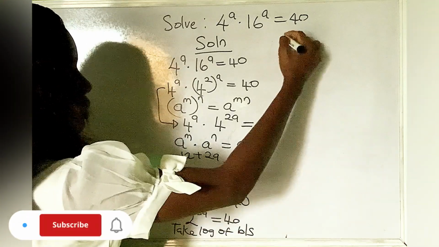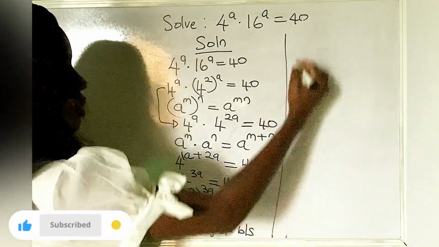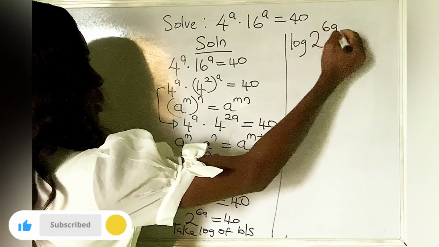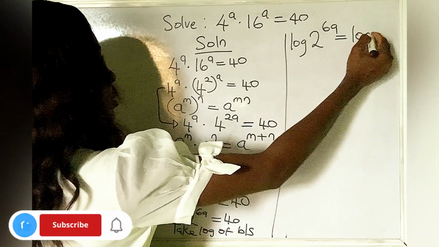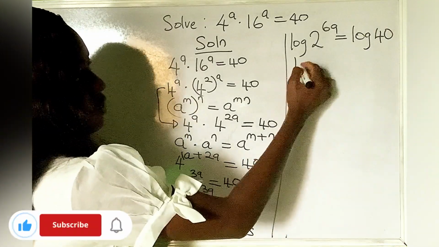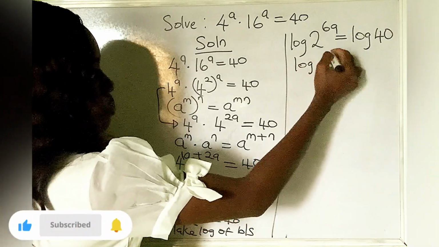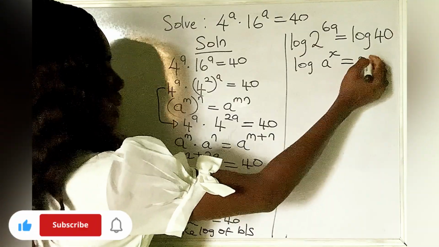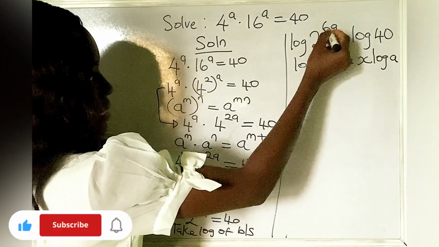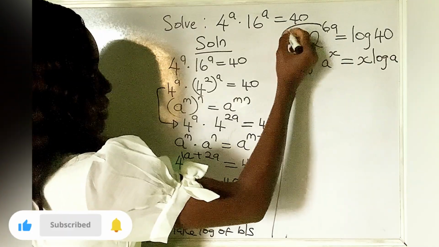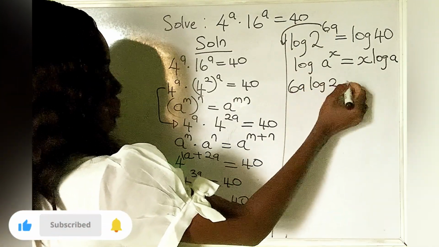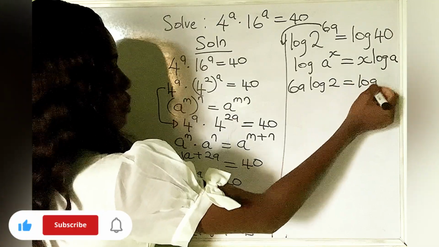So we'll have log 2 raised to power 6a is equal to log 40. Now when you have log a to the power of x, it's the same thing as x log a. So the 6a is going to come to the left hand side. That is 6a log 2, and that's equal to log 40.